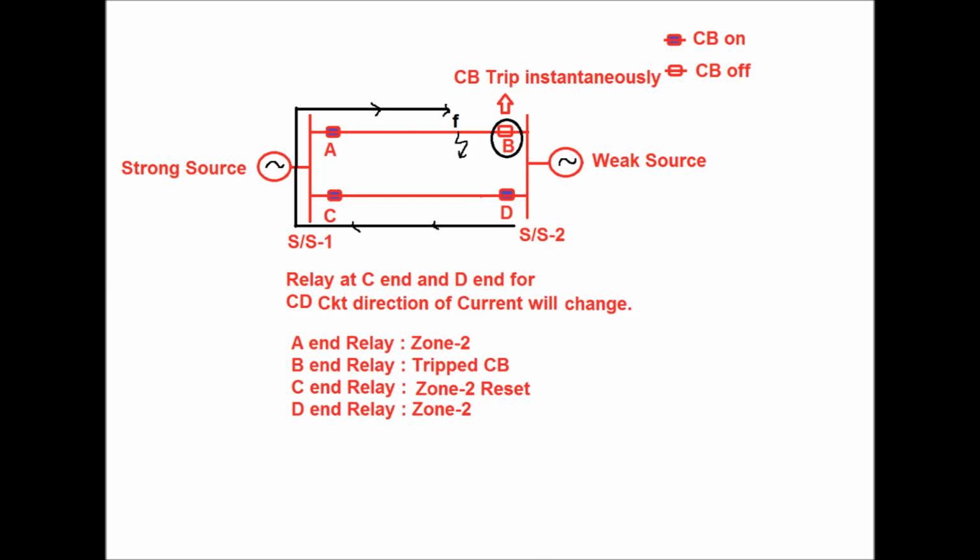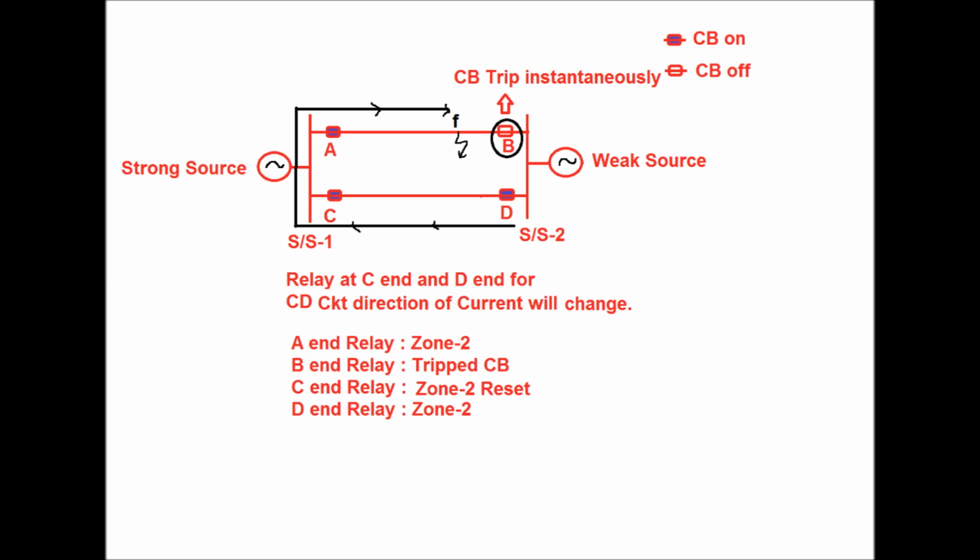In case of the D end relay, it will detect the fault at zone 2 location due to the very short length of both the circuits. So we can see the current reversal exists in case of the C and D end relays. But in case of the C end relay, the fault is not detected in zone 2, since the fault point is located far from zone 4 location.